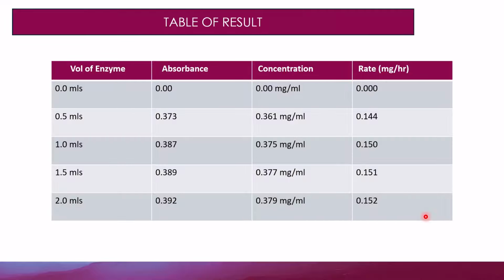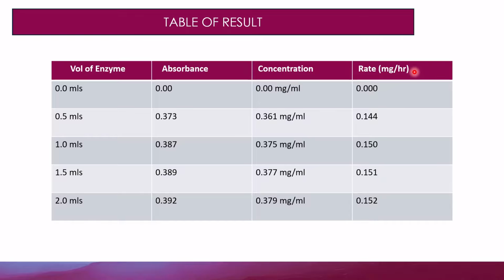So this is our table showing the results for the calculated rate of enzyme activity. As you can see, we have the volumes of enzyme and we also have the measured absorbances and the extrapolated concentrations and the calculated rates over here.